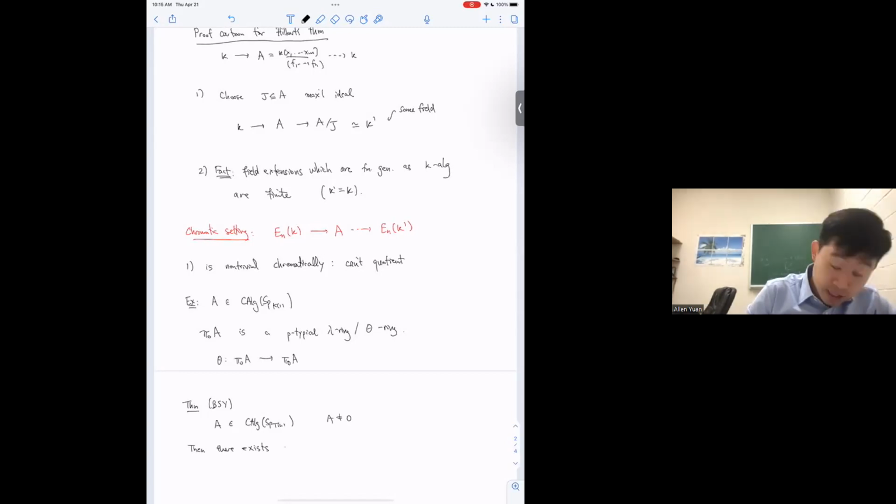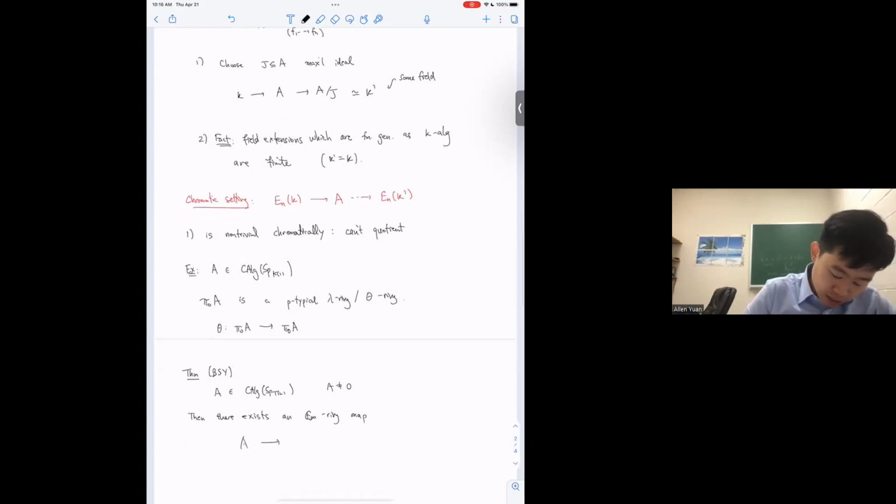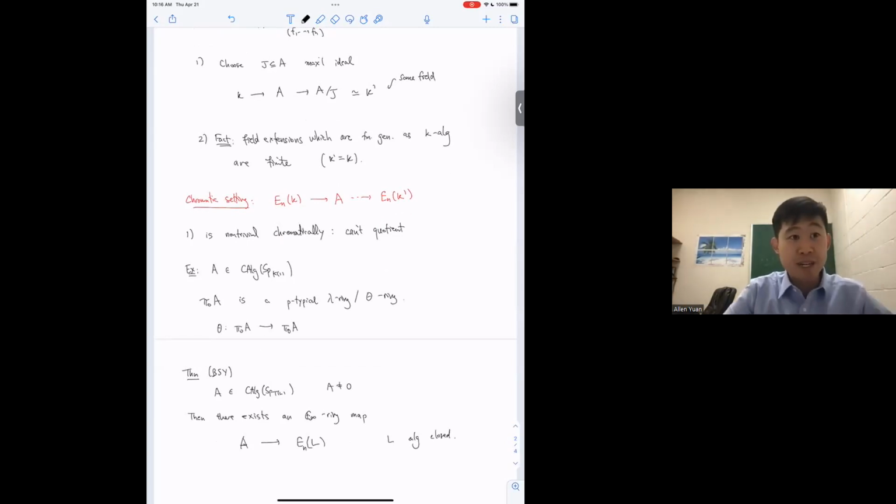So there exists an E infinity map from A to some Lubin-Tate theory of height n, which we can just say is E_n(L) for some algebraically closed field L. Sort of, you can always map further to an algebraically closed one.